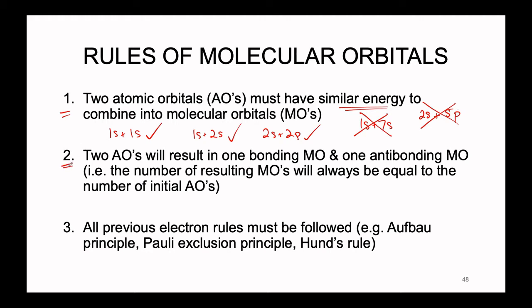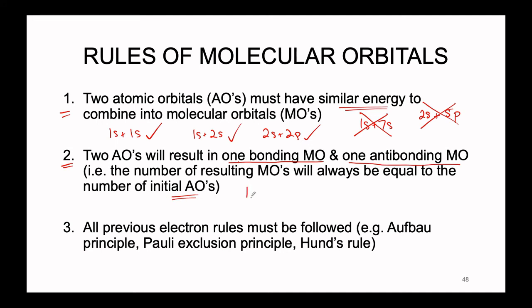All right, rule number 2. Two atomic orbitals, when combined, will always result in one bonding MO and one anti-bonding MO, i.e., the number of resulting molecular orbitals always has to be equal to the number of atomic orbitals going into the picture.